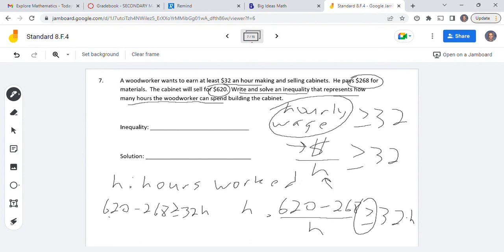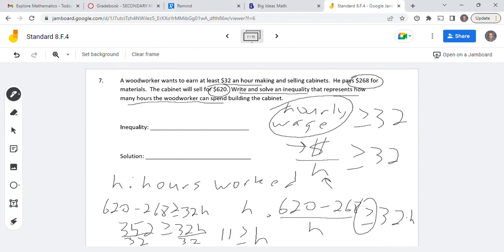All right, calculate this. 620 minus 268 gets us 352. That needs to be greater than or equal to 32h. Finish this out by dividing by 32, and we end up with h on the right and 11.